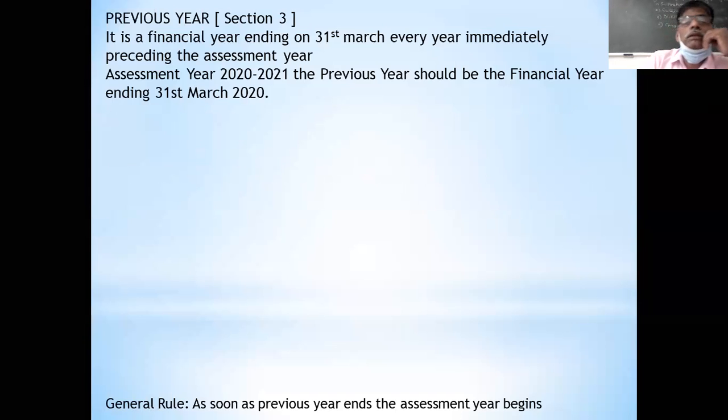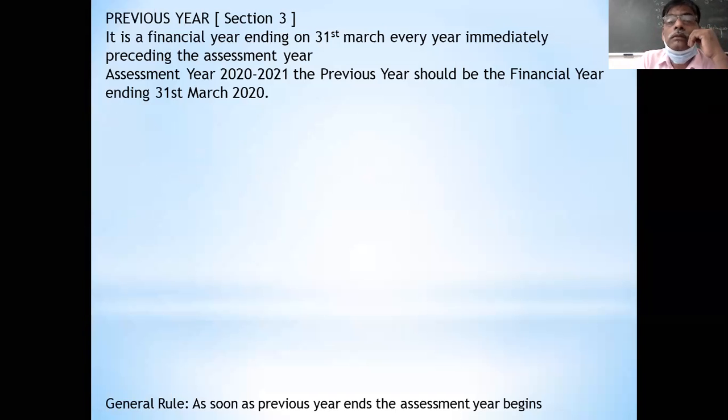So previous year ends on 31st March 2020. This year may start on 1st April 2019, or it may start after 1/4/2019, but it must end on 31st March 2020. This is called the previous year.